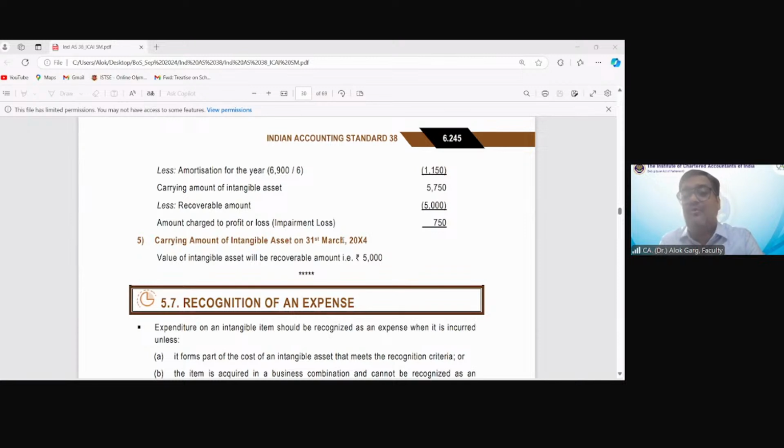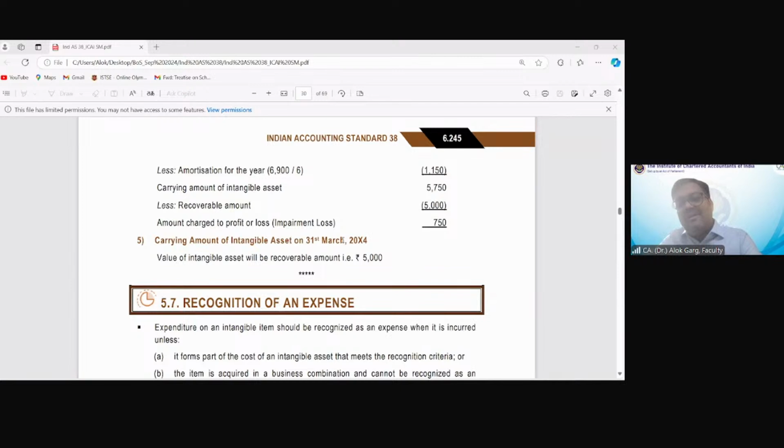Today that flat is 3 crore, and on 31st March 21, three years ago, it was 60 lakh. Why? Because due to an external factor, the market value went down drastically. So it leads to impairment.